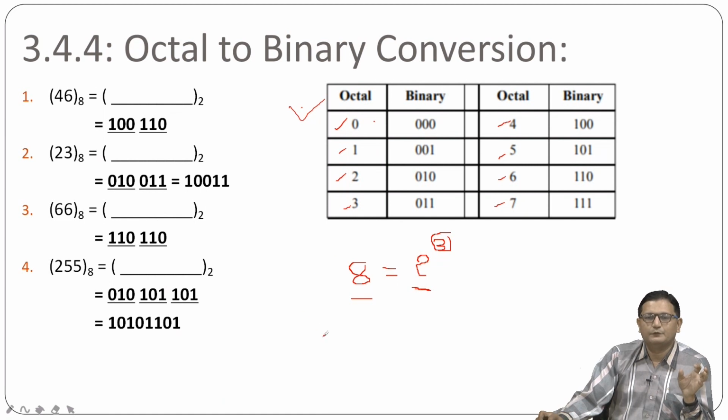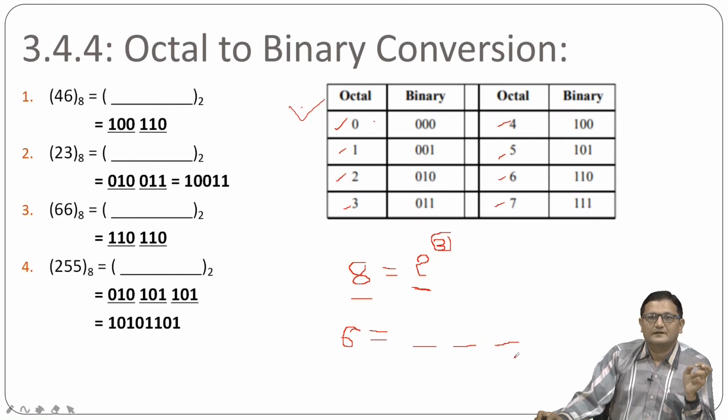Let's suppose any octal number is given to you, we need to use 3 bits of binary, right? Suppose 6 is there, so how can we make 6? Fine. So here you just make 3 bits.